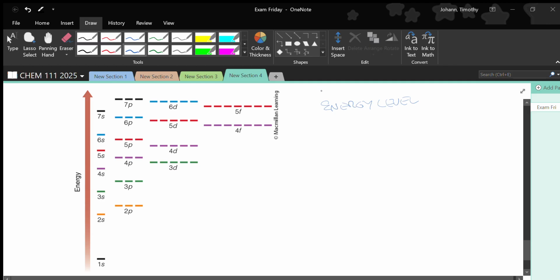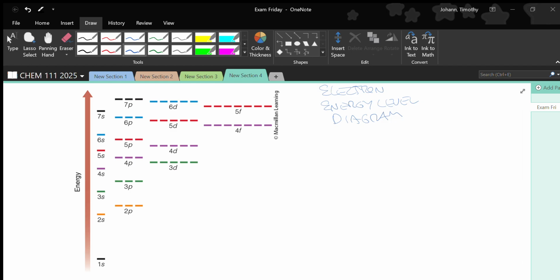Let's call it electron energy level diagram. Okay, it's an energy level diagram in general. And so if we're putting electrons into this diagram, this is the diagram that we'll use for all atoms.